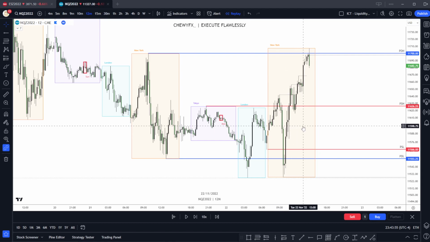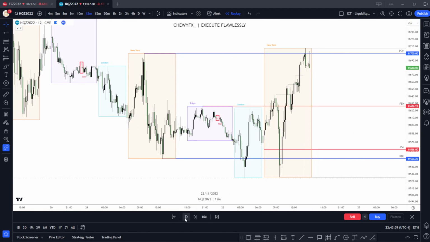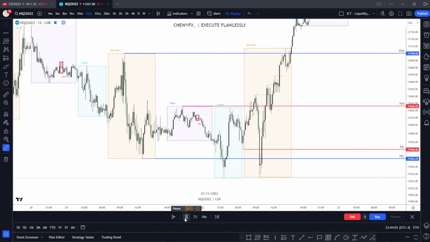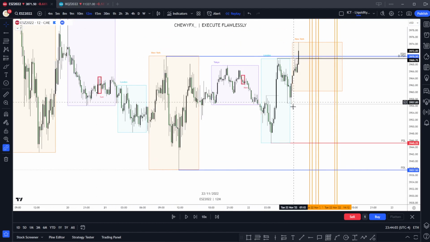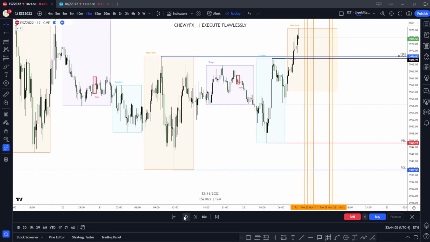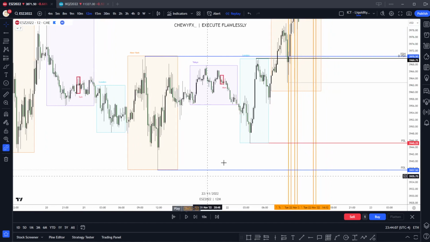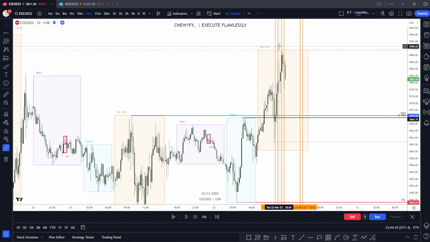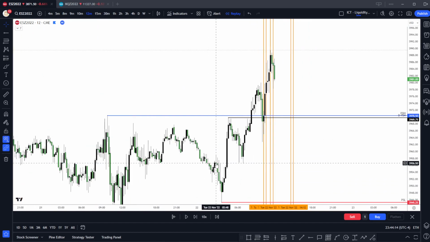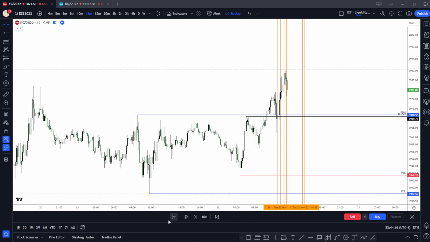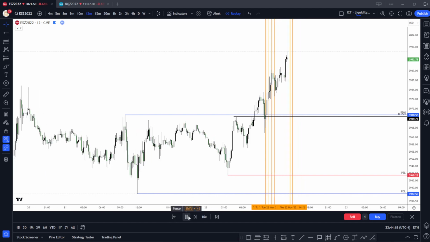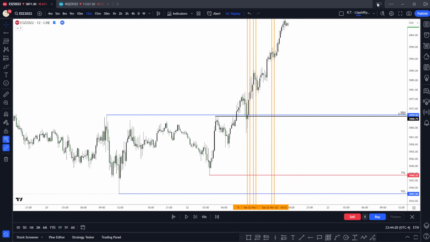And we come over here to the FOMC member timing. Yeah, pretty much a whole bunch of fake outs, whole lot of nothing. Let's see what happens on ES. So I guess in this case, ES was really showing the real narrative, which is interesting. But yeah, nothing really I could have taken there.